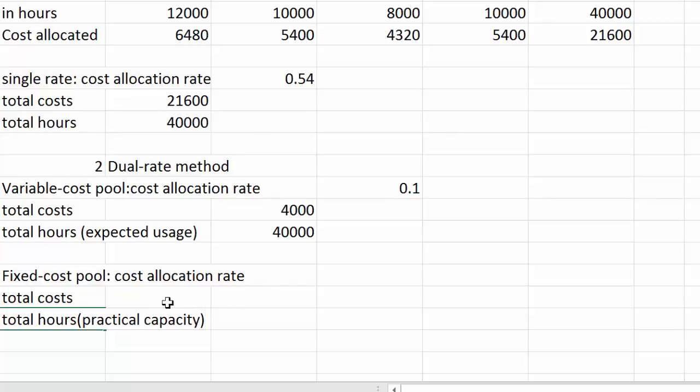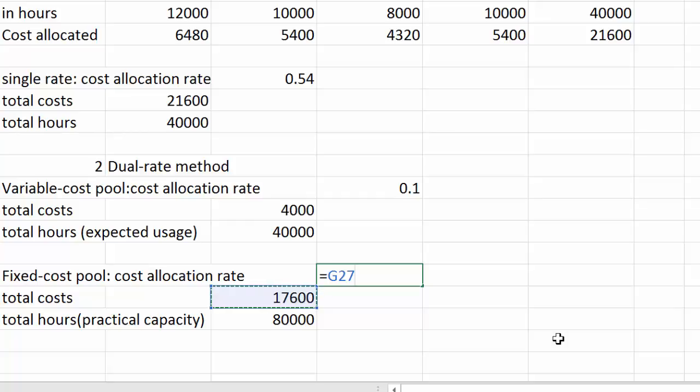So from that perspective, we have basically 17,600 US dollars, and we have 80,000 total hours. So the rate is you divide 17,600 by 80,000, so you get 22 cents, which is perfect. I don't have any problems with 22 cents and 10 cents. They're perfect.